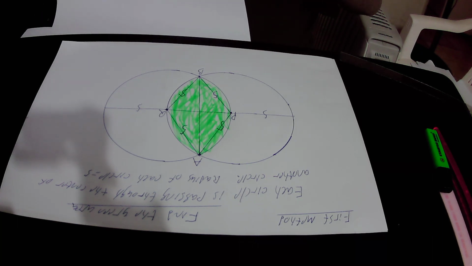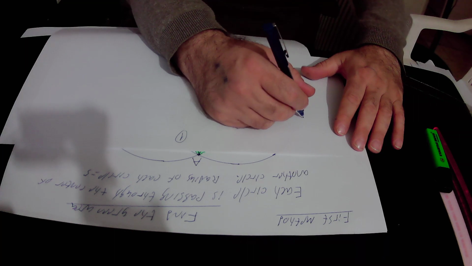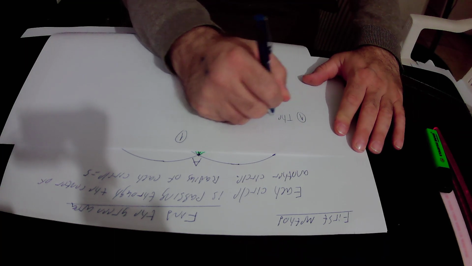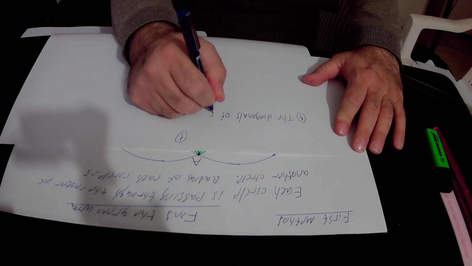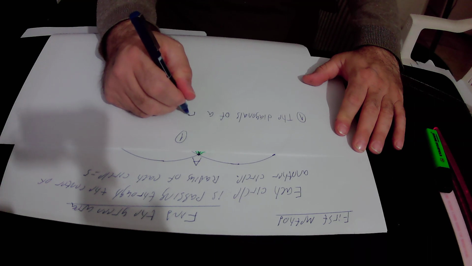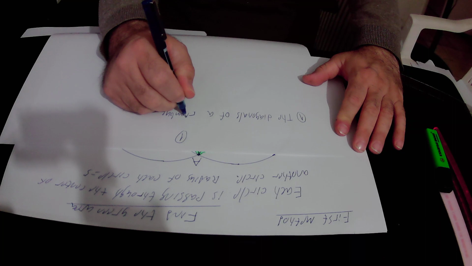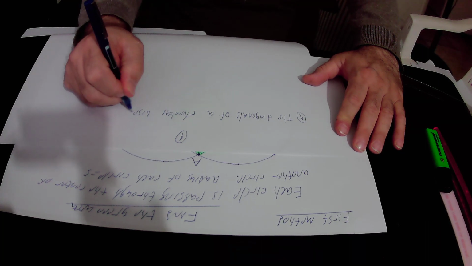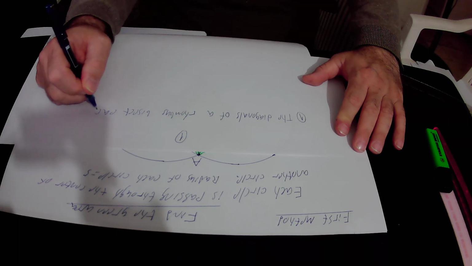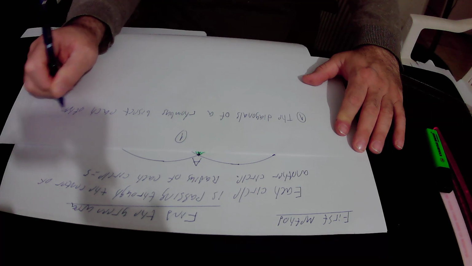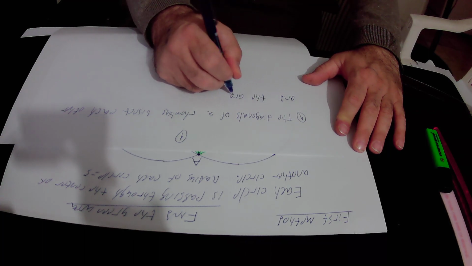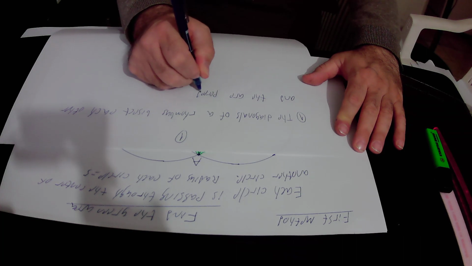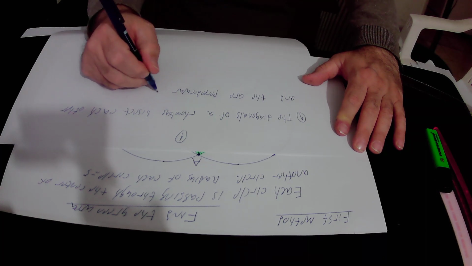the characteristics of the diagonals of a rhombus is that, first of all, the diagonals of a rhombus bisect each other and they are perpendicular to each other.